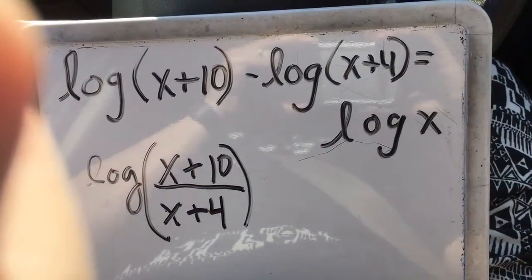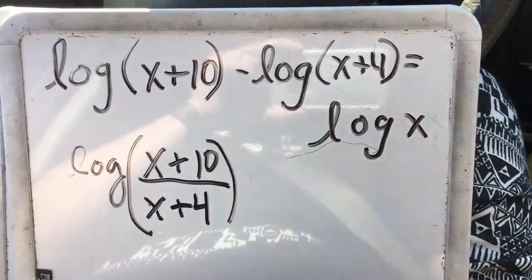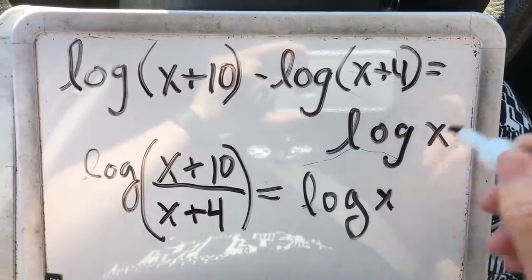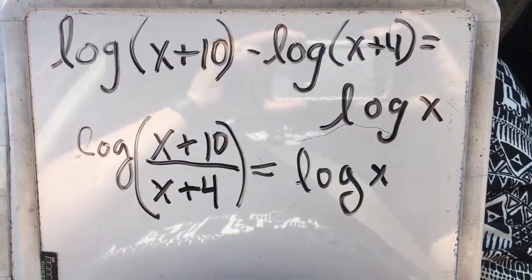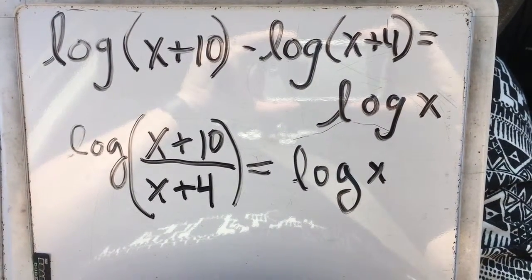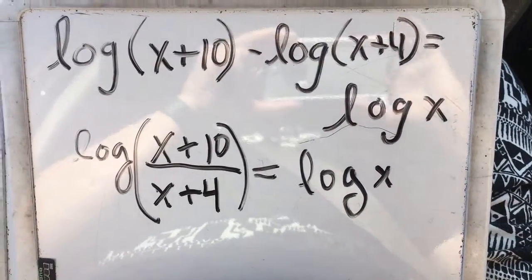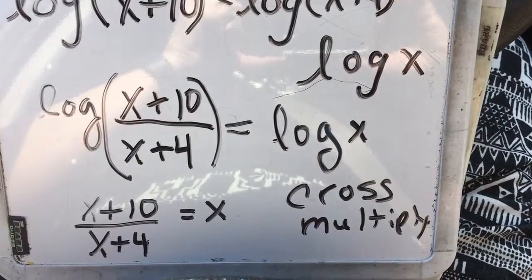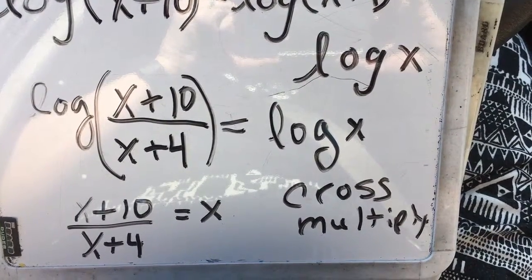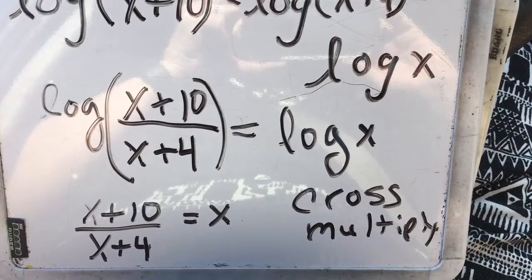So we're going backwards and we are writing it as a single log, and then we can say it's equal to the log of x. So since we're log base 10 on both sides and we have just log equals log, can't we set those two arguments equal to each other? So what I get here is (x plus 10) over (x plus 4) is equal to x.